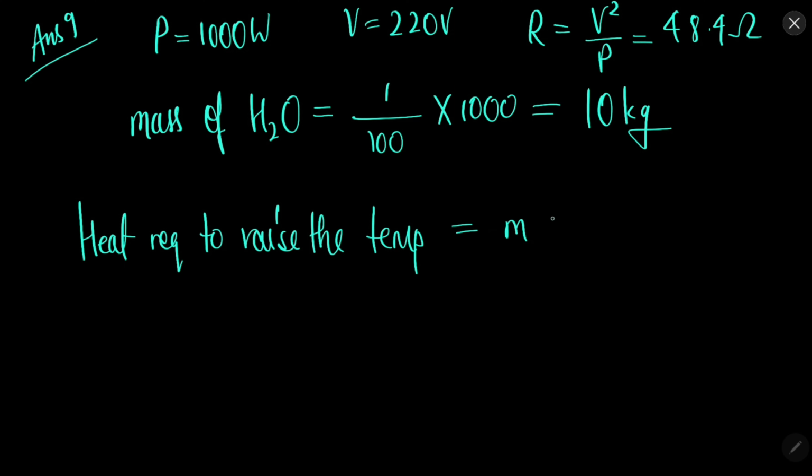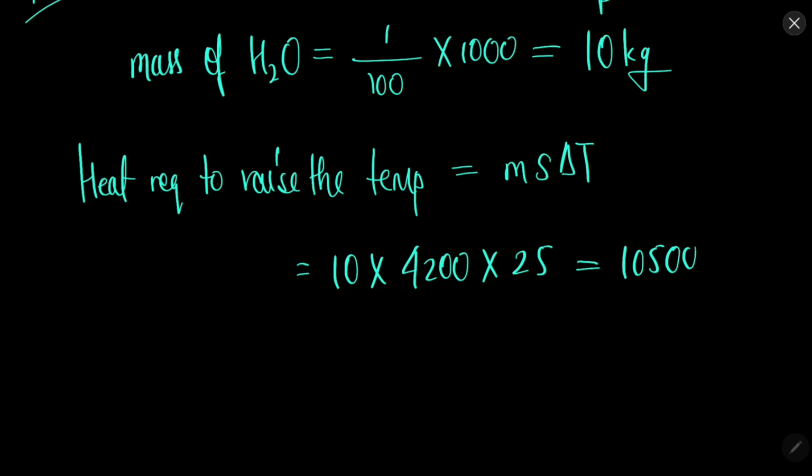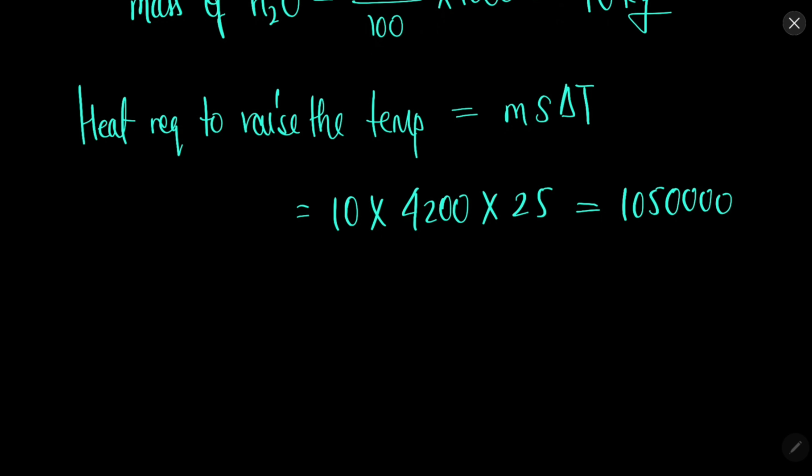It will be M S del T, specific heat constant, change in the temperature. So 10 into 4200 into 25, 105 with 4 zeros.